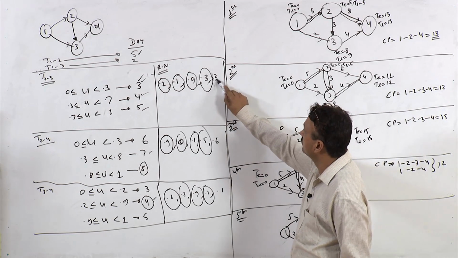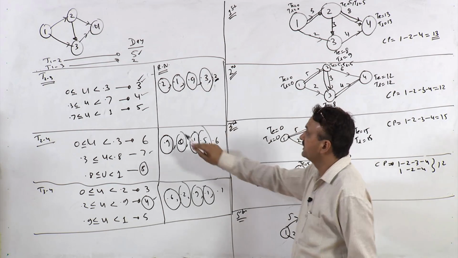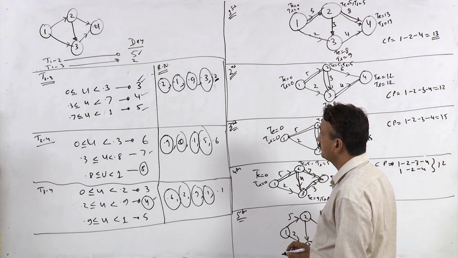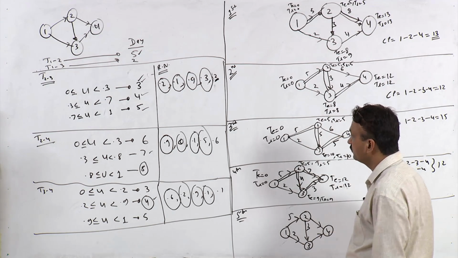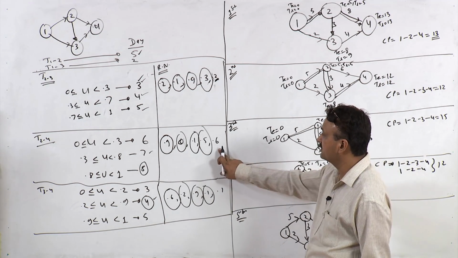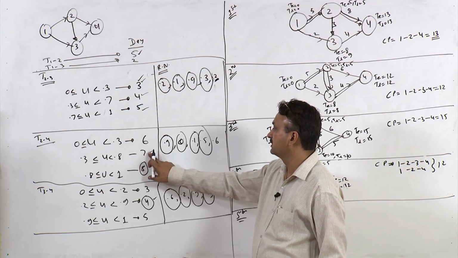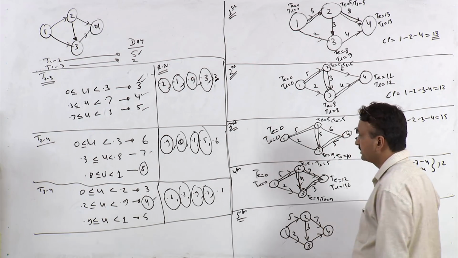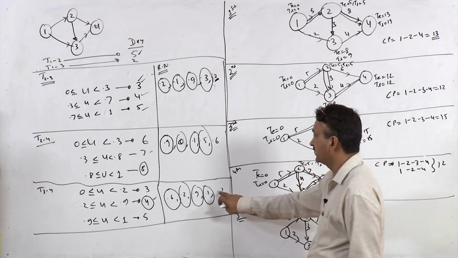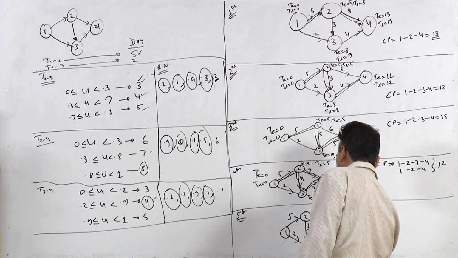So 0.2 is here, right, 3. So for 2, 3 it is 3, right. For 2, 4 it is 0.6, right, 0.6 is here, right, 7. For 2, 4 it is 7. For 3, 4 it is 0.1, right, so it is 3.